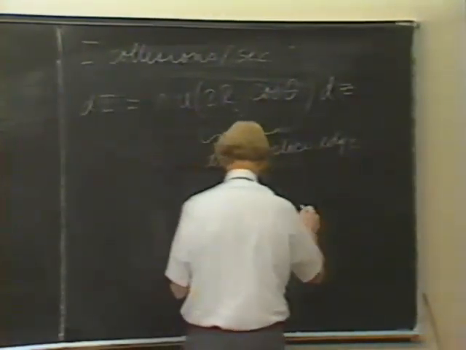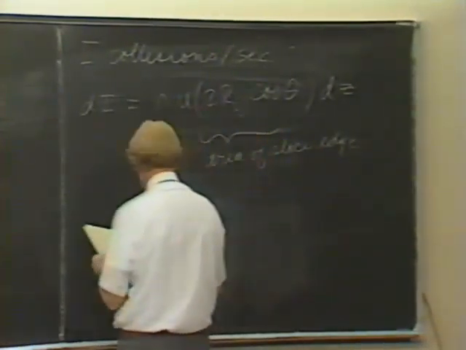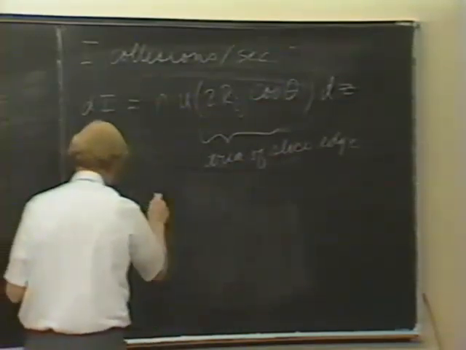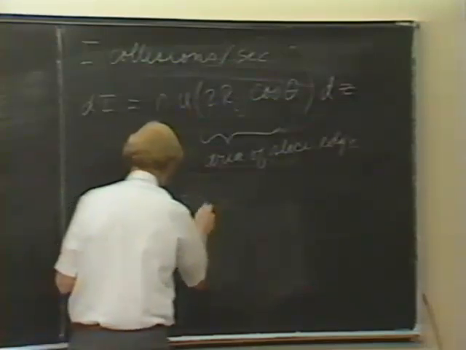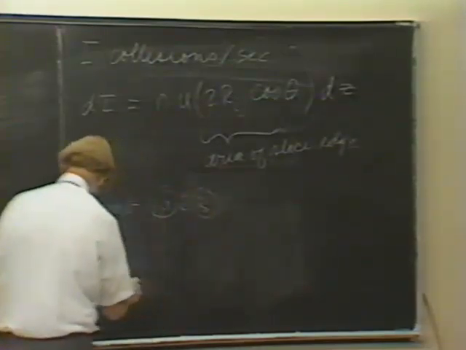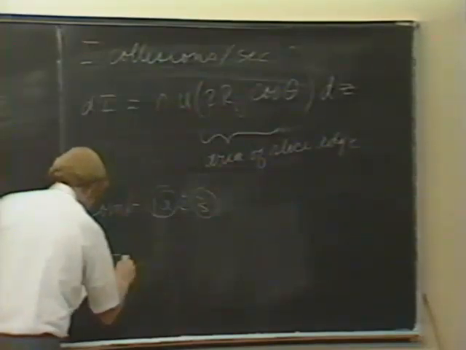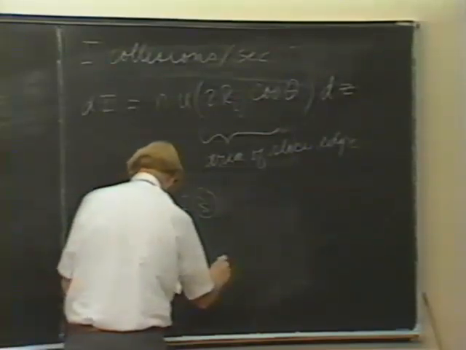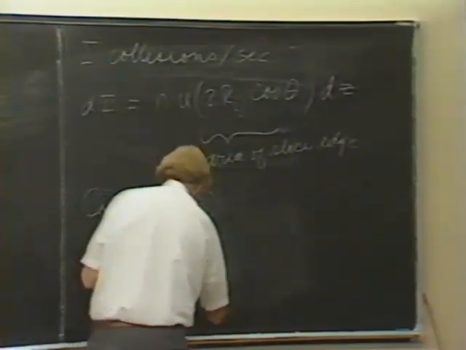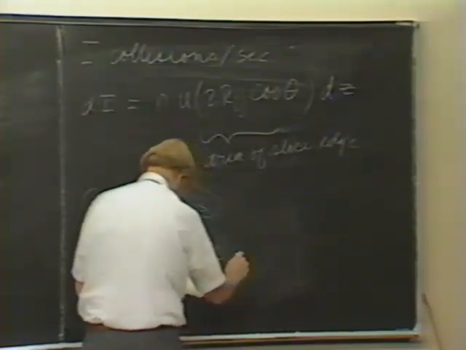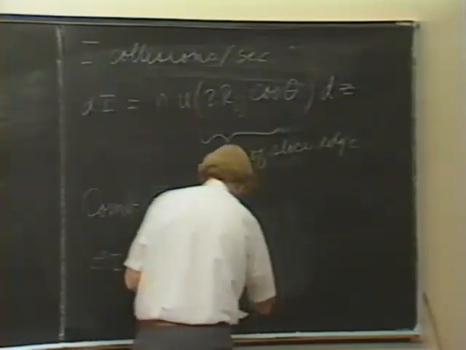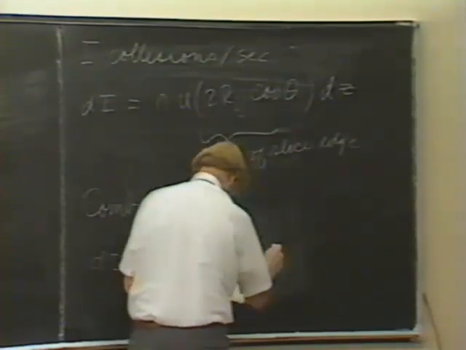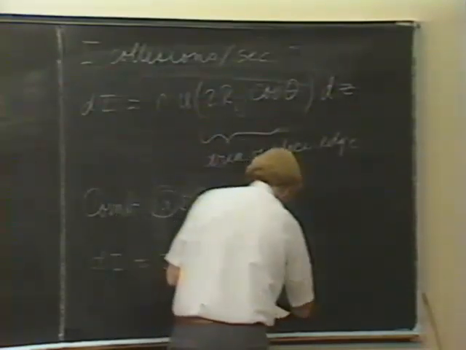Combining 1a and 3, we can write di equals 2n du dz times Rij cubed cosine squared theta sine theta d theta.